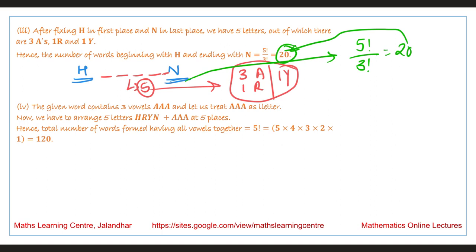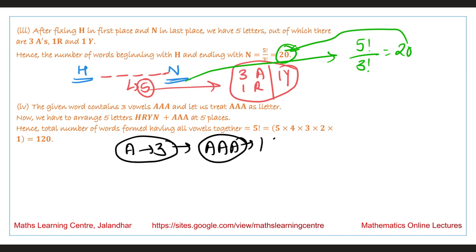Next, we have to calculate the total number of words that can be formed having all vowels together. The vowel we have over here is A, and it occurs 3 times, and all these vowels should be together. So we are considering A as one letter.